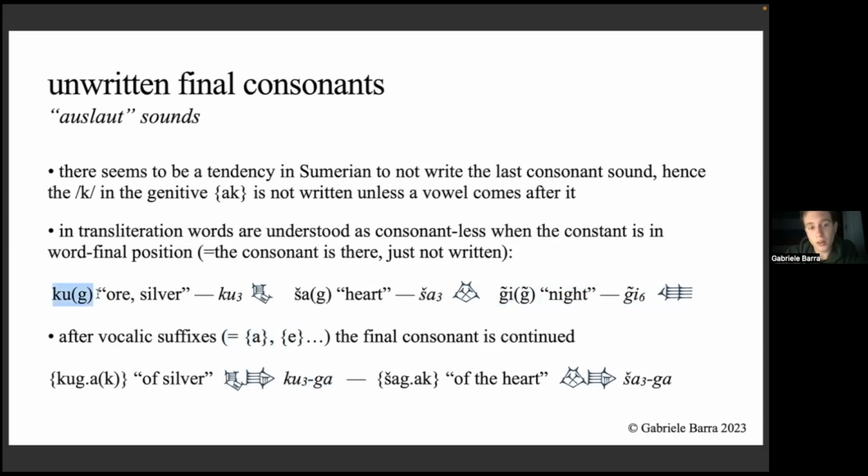You have kug, which, if the word ends with the consonant, is written as ku3. However, if it is continued by a case that should end in a consonant, then the G appears again. So of silver, kug-ak, is written ku-ga, because the G is not the last consonant anymore.